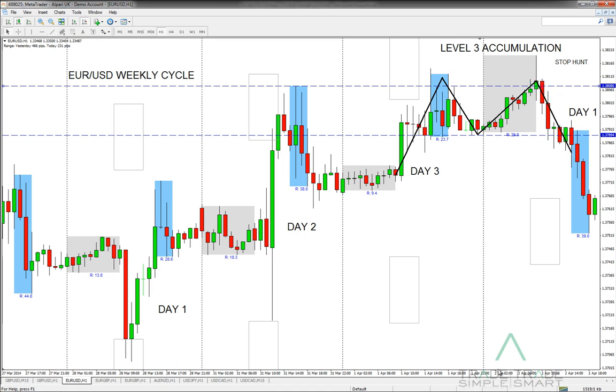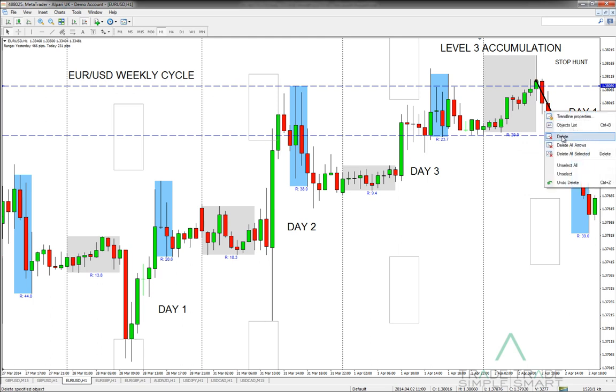And the purpose for this is that the structure within itself is a stop run. Okay, so before each level of rise or fall, whether this be during the intraday cycle or during the weekly cycle, we're going to expect a level of rise, accumulation, and then a stop run.